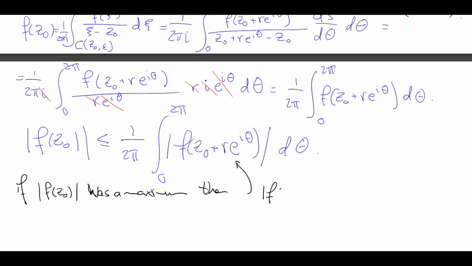Then f of z0 plus r e to the I theta would have to be exactly equal, because it cannot be bigger. Because f of z0 is the maximum, this needs to be equal to f of z0 for the whole circle.